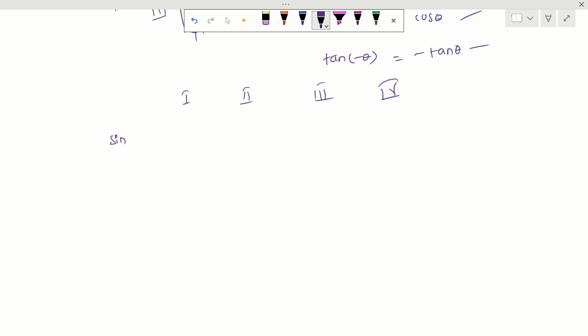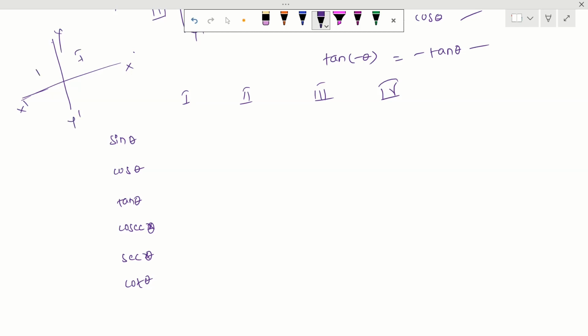Now we will discuss sin theta, cos theta, tan theta, cosecant theta, secant theta and cot theta, right? What is the sign in each quadrant? From these diagrams, we can easily identify which one is positive and which one is negative.